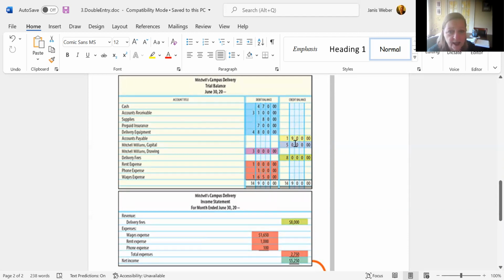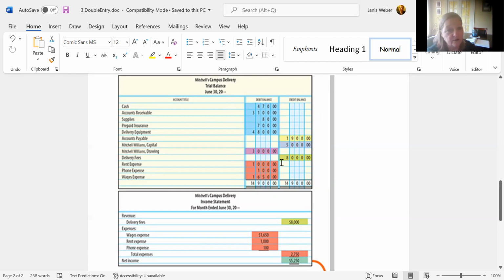And then you have your capital account, same deal, it's a credit balance. You have your drawing account, it's a debit balance. You have your revenue account, service fees, and it's a credit balance. Then you have these expenses, they're all debit balances. And so you've got them all listed. They put them in color codes for us.